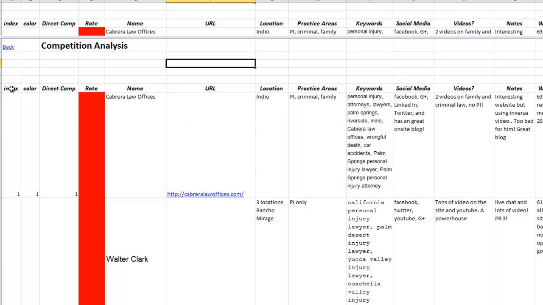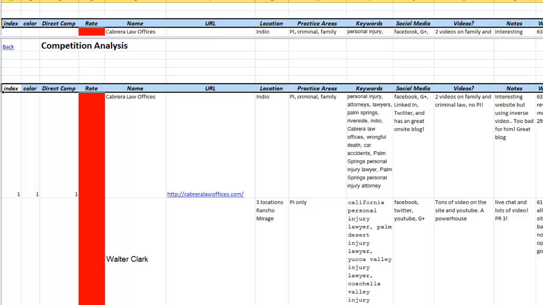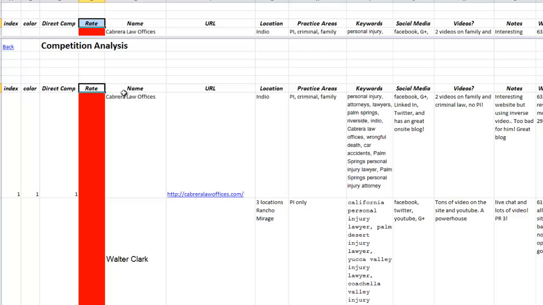I did a matrix here, but there's an index of color. I put a number one for red, so I can sort these when I want to. Red is direct competition, in other words, the color shows that they're highly competitive. Green is no issue at all.